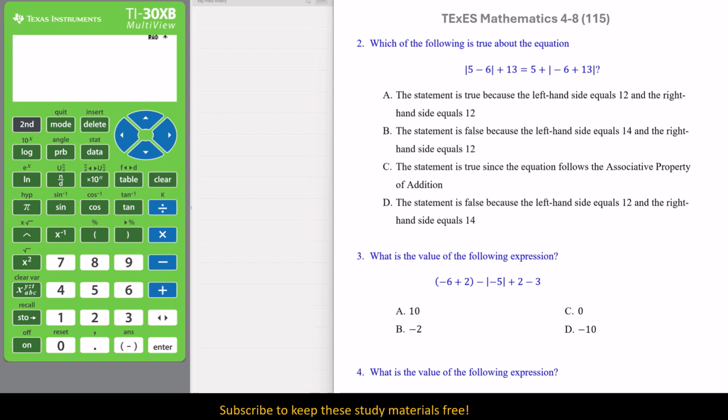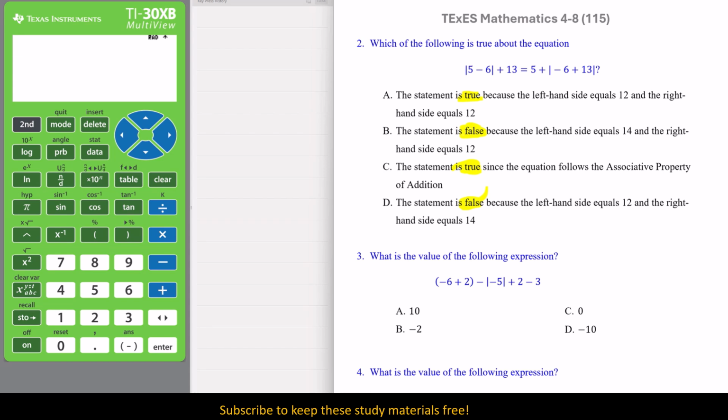If we look at our A, B, C, D options, A says true, B says the statement is false, C says true, and D says false. This tells me right away, before I even thoroughly read the options, that I need to see if this statement is actually true or not.